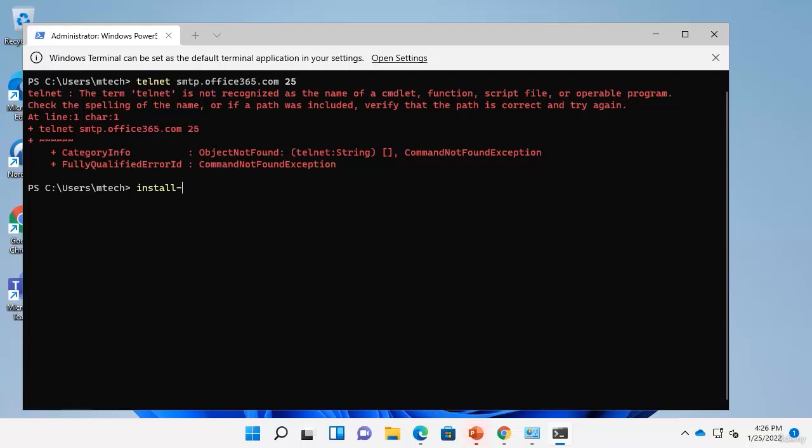So we'll go install Windows feature. Well, it's not giving me those commands. So anyway, what this would have done was attempt to make a telnet connection into port 25, and you would actually get the response from that server.